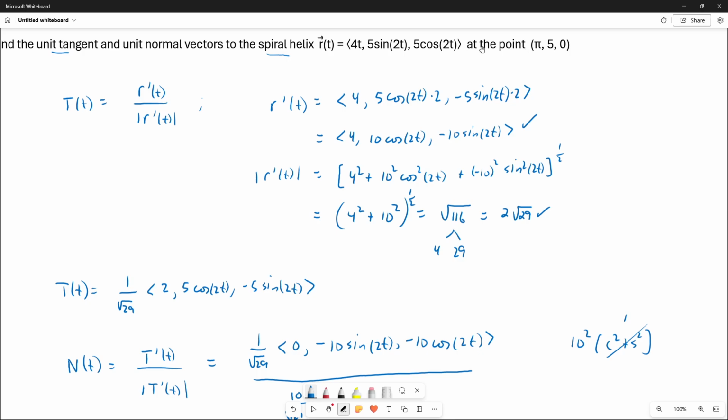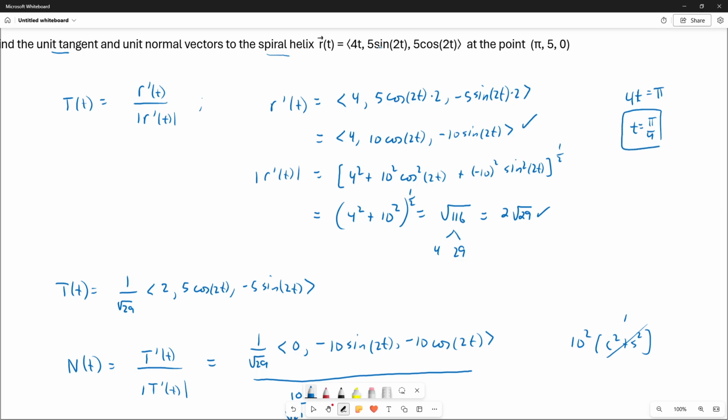So if we set 4t equal to pi, and 5 sine 2t equal to 5, and 5 cosine 2t equal to 0, we should get the same value of t in every case. So let's figure out that value of t. 4t is supposed to be pi. Well, that tells us that t is pi over 4.